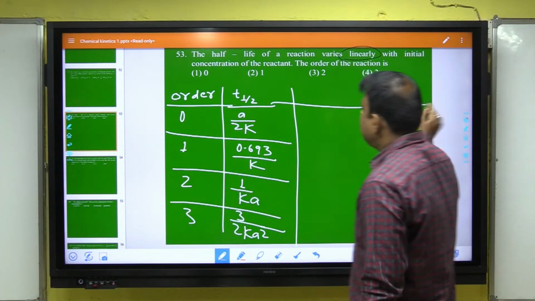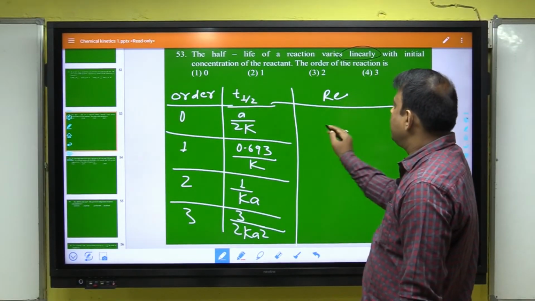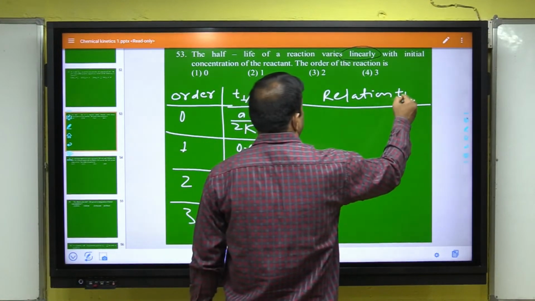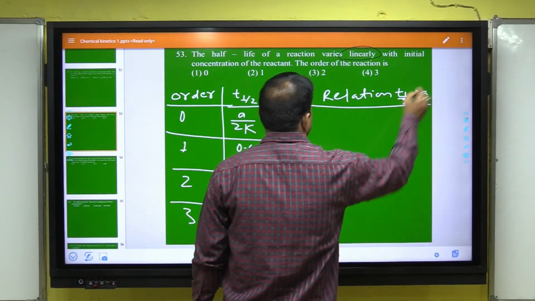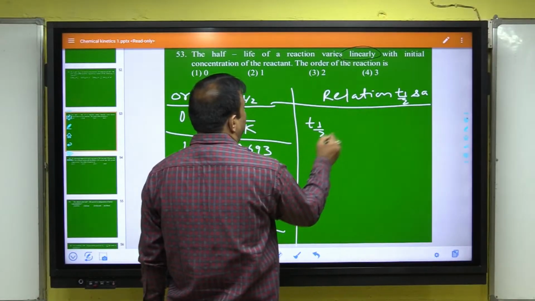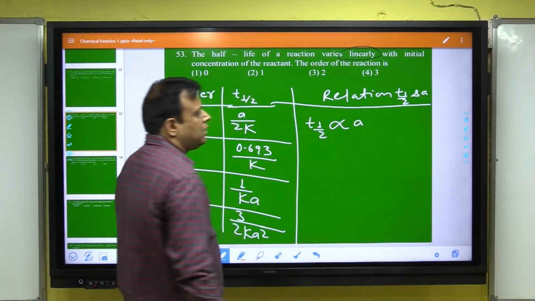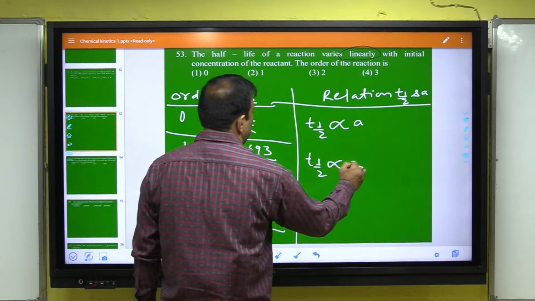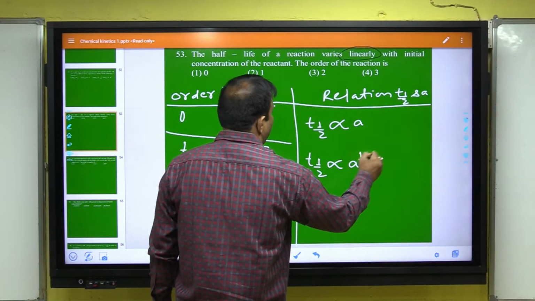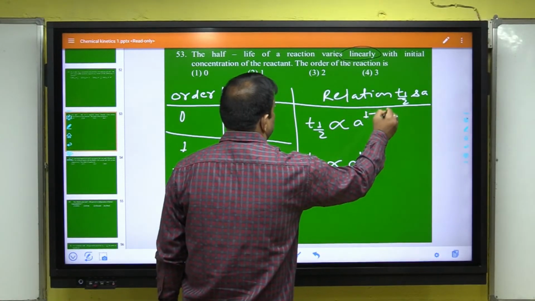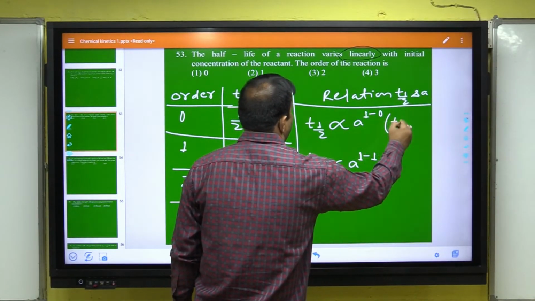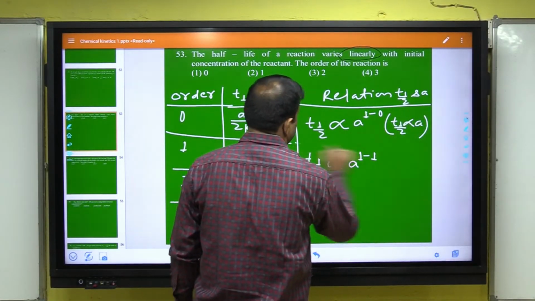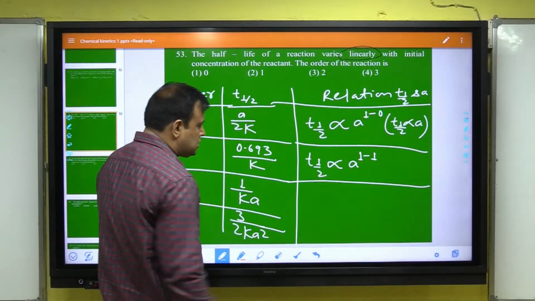Relation. Listen. Relation between T half and A. T half is proportional to A to the power 1 minus n. Clear? Now, T half is proportional to A to the power 1 minus 1, 1 minus 0, and hence in zero order T half is proportional to A. In first order, T half is constant.